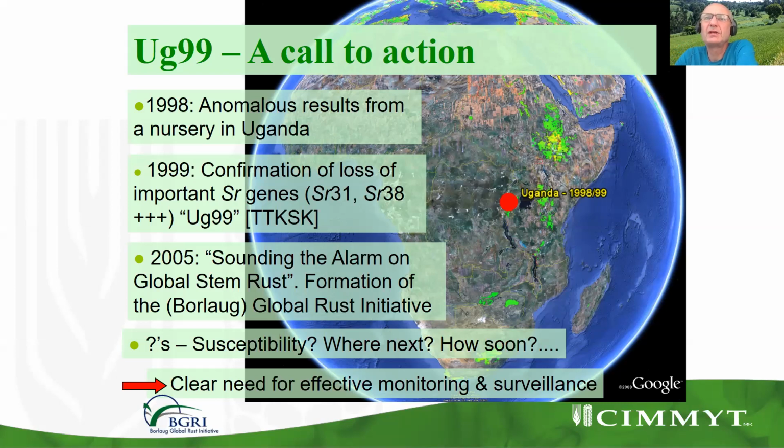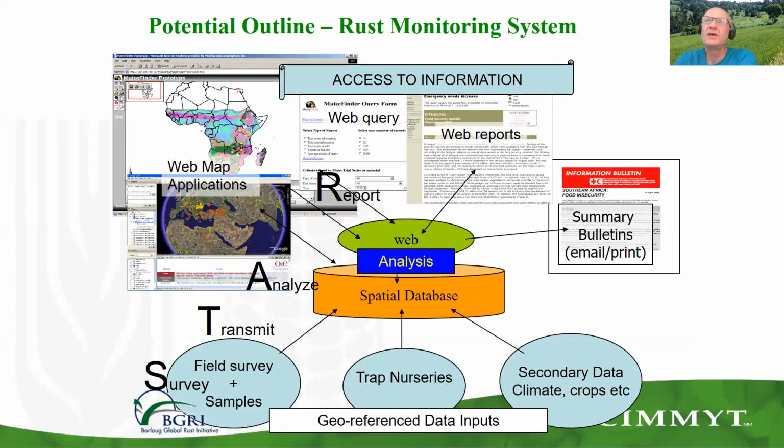We'd had the sound in the alarm. We'd seen the formation of the Borlaug Global Rust Initiative. And we'd also got a clear need for effective monitoring and surveillance of rusts. We had an outline of how we'd like the system to work, and this was very much based on the FAO Desert Locust system.